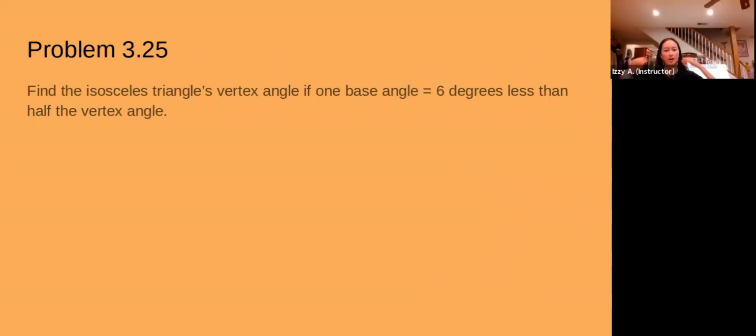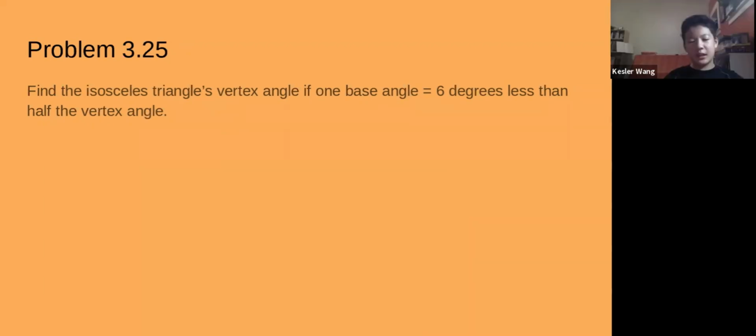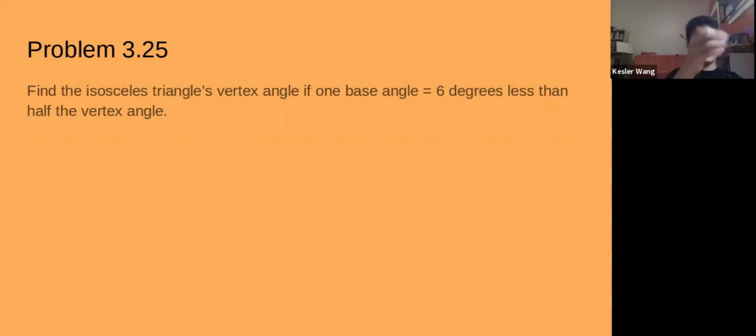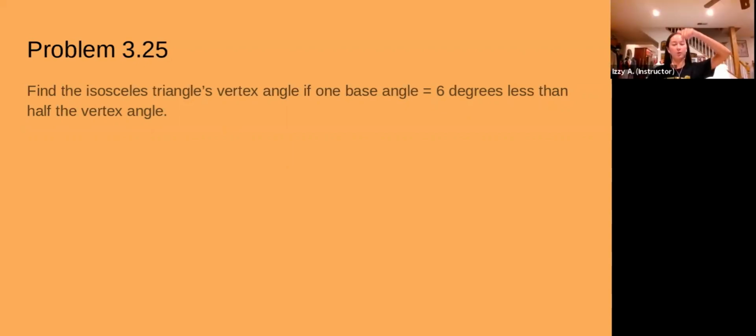Next, we want to find the isosceles triangle's vertex angle if one base angle is equal to 6 degrees less than half the vertex angle. What's the vertex angle again? That's the one angle at the top, the one angle that's not congruent to the other two.